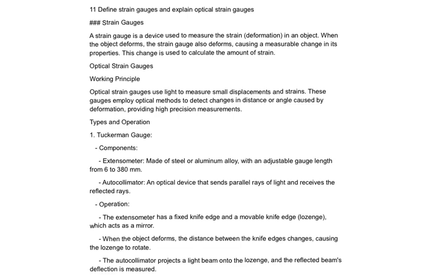Let me tell you one thing, optical means light. These gauges use light to measure small displacement and strain. You have different types of gauges. The first one I am explaining is the Tuckerman, which is made up of an extensometer and an autocollimator.